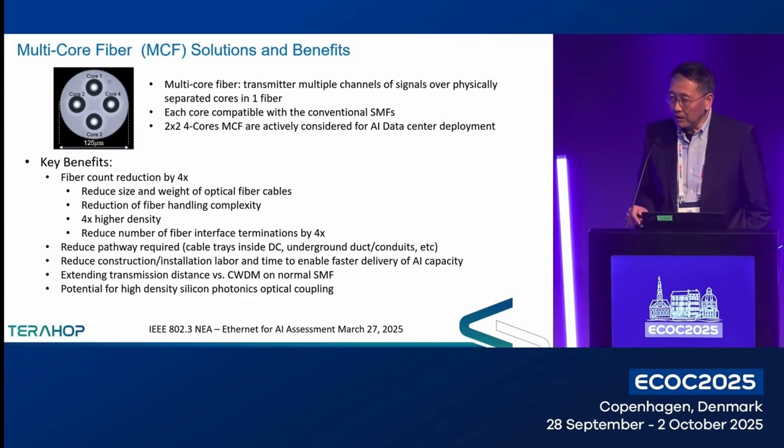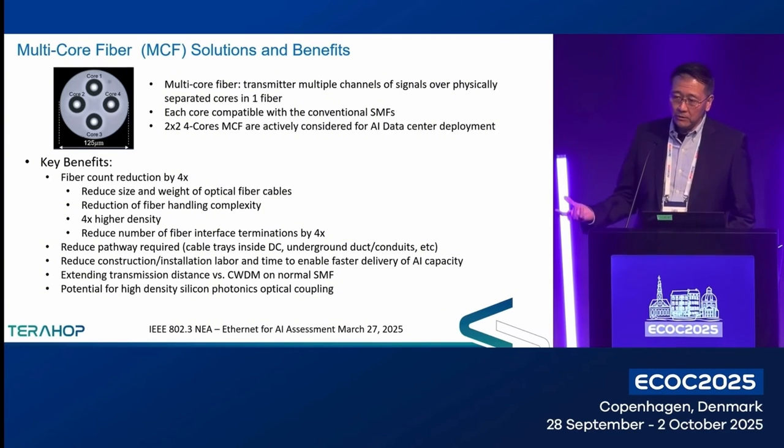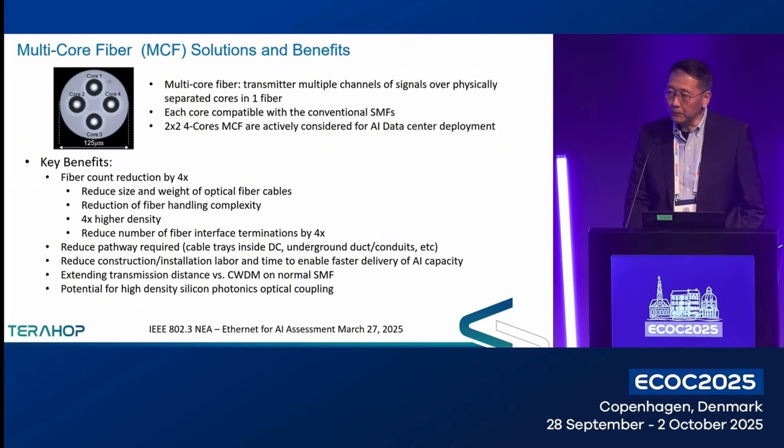And to address these problems, certainly multi-core fiber is one of the tools hyperscalers now start to consider. 2x2 is a really simple example, but that's a prime option for using multi-core fiber to address the pain point for these hyperscalers.